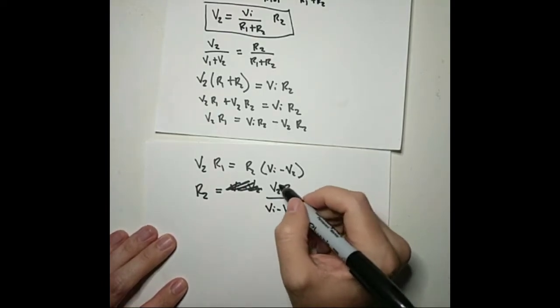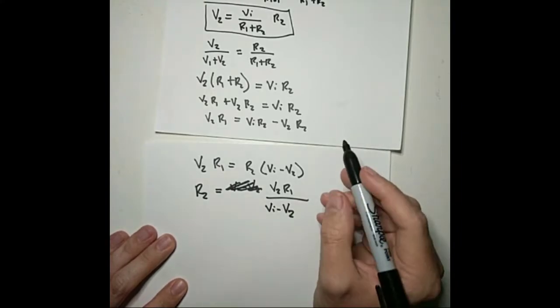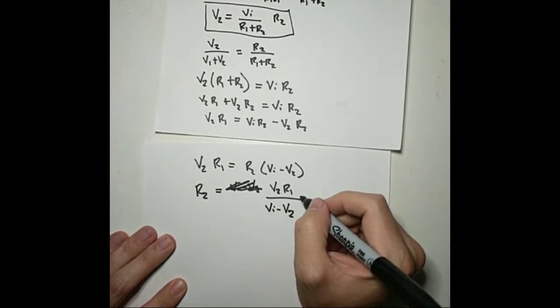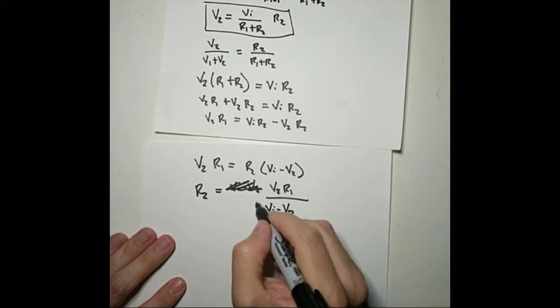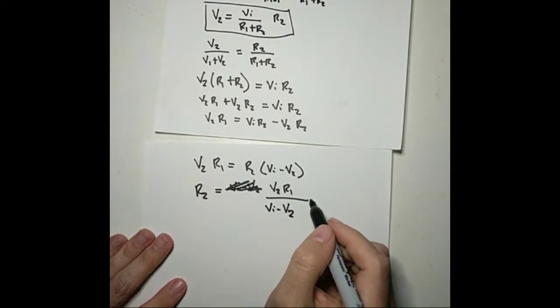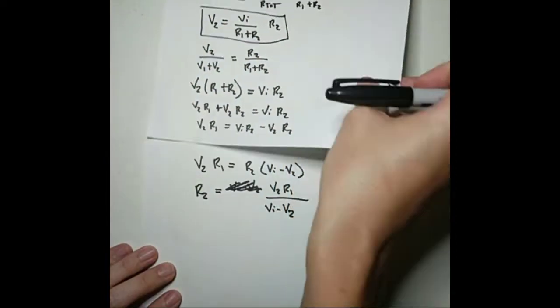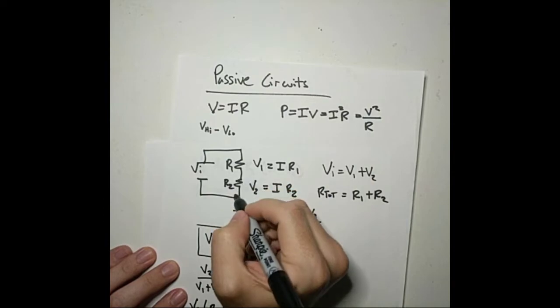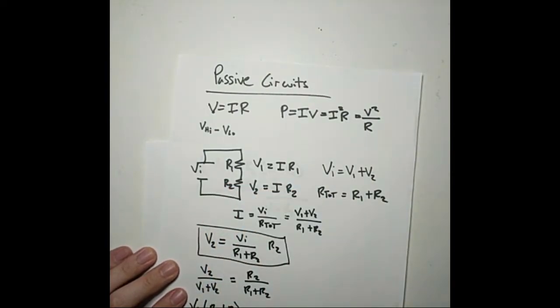So if I know what the voltage drop across the element is, I know what my input voltage is, and I know what the other resistor is, I can find the actual resistance of that element. And again, this is skipping the step of having to calculate your current. Again, this is only for a basic voltage divider, so something with just two elements in it.